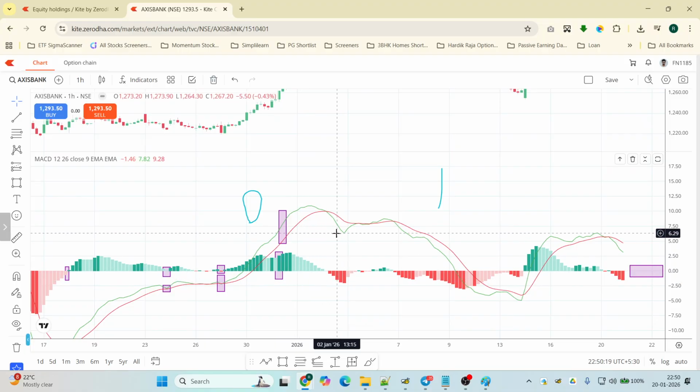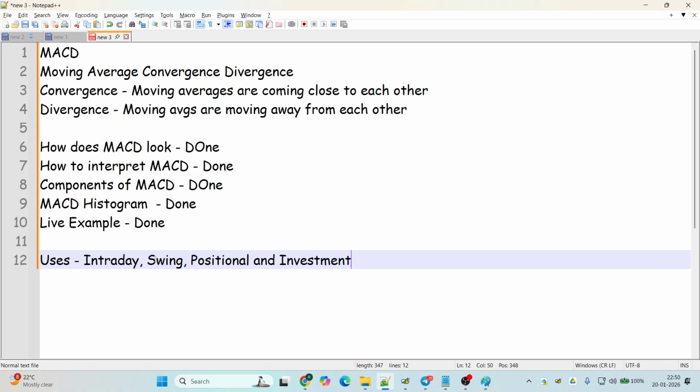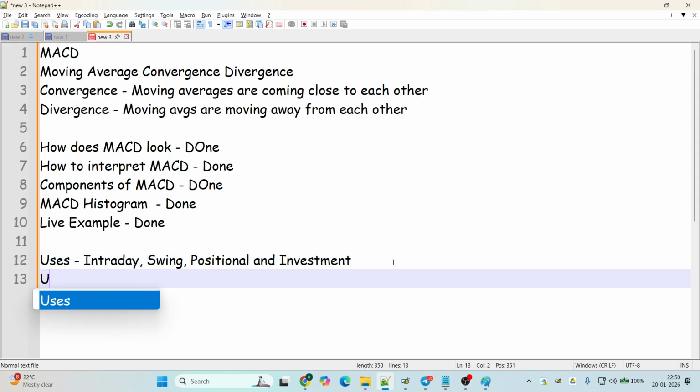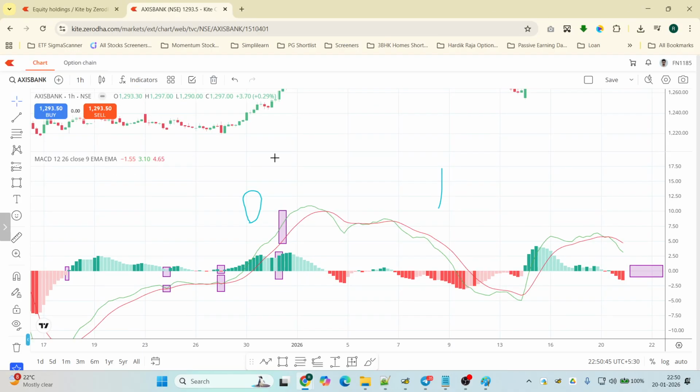Okay, so just imagine guys, MACD also has another use. It is used to judge the strength, momentum, or I would say the strength, which is similar to the RSI indicator that we saw in the previous video.